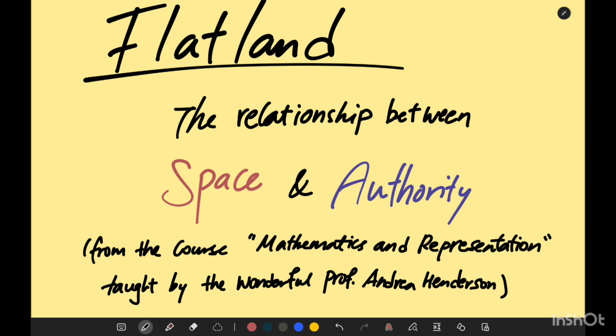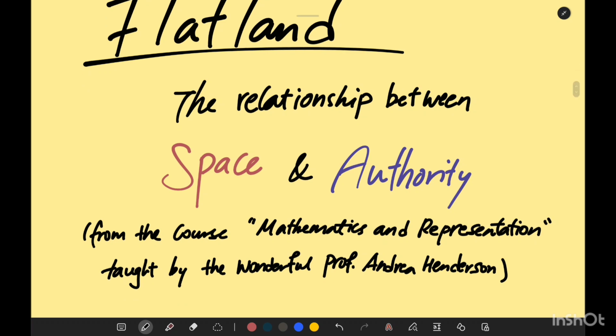What Flatland is about, basically. Flatland is a novel where various shapes are people. The main character of this novel is a square, and his name is ironically A Square, and he probably looks like this.